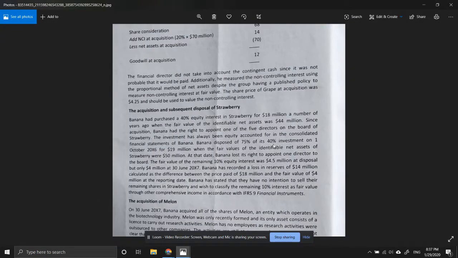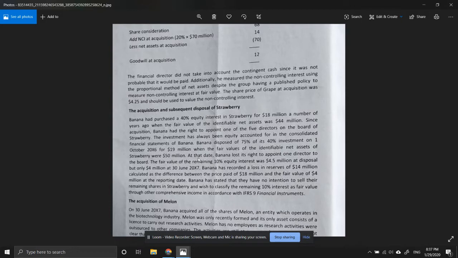So 75% of its holding, the 30%, was sold on 1st October 20x6 for 19 million, when the fair value of the net assets of Strawberry was 50 million.